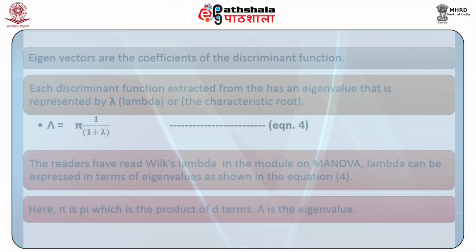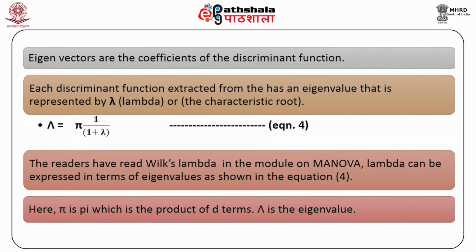Let's look into the other factor that enhances the prediction power, that is the eigenvalue. Eigenvectors are the coefficients of the discriminant functions. Each discriminant function that we extracted from the data set has an eigenvalue that is represented by lambda, or the characteristic root, and it can be achieved by using the formula given in equation 4. The readers have read Wilks lambda in the module on MANOVA, and lambda can be expressed in terms of eigenvalues as shown in equation 4.